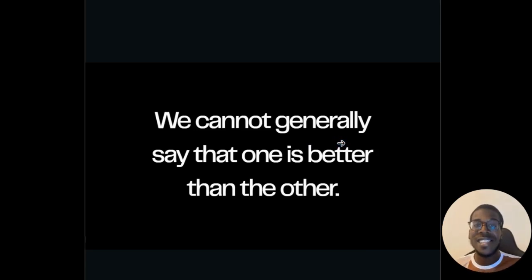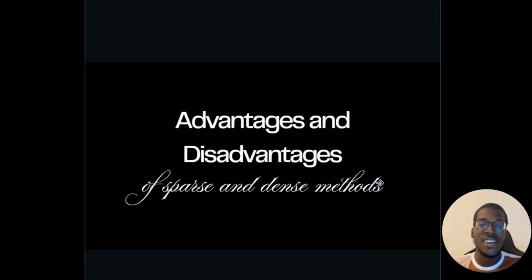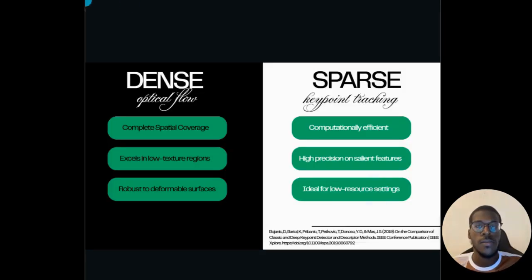But in order to select the best suited algorithm, we have to know where they excel. So let's look at advantages and disadvantages of sparse and dense methods, or key point tracking and optical flow methods. Let's look at dense or optical flow methods. They provide complete spatial coverage because, as we said, they're tracking every single pixel.